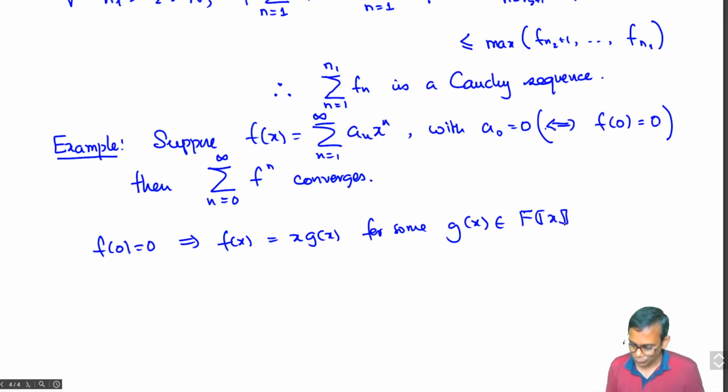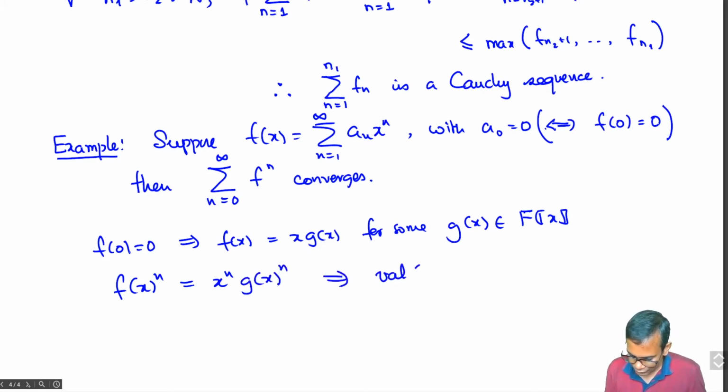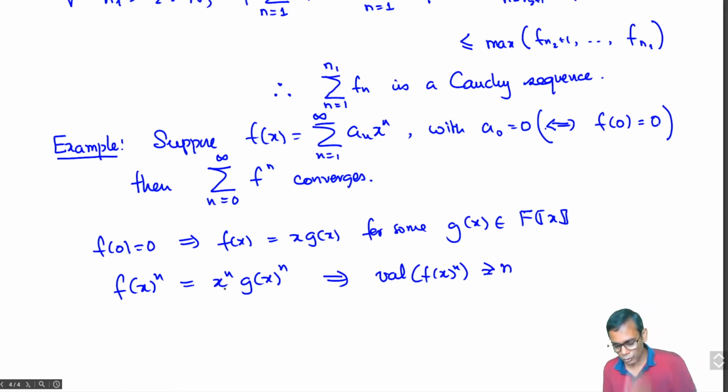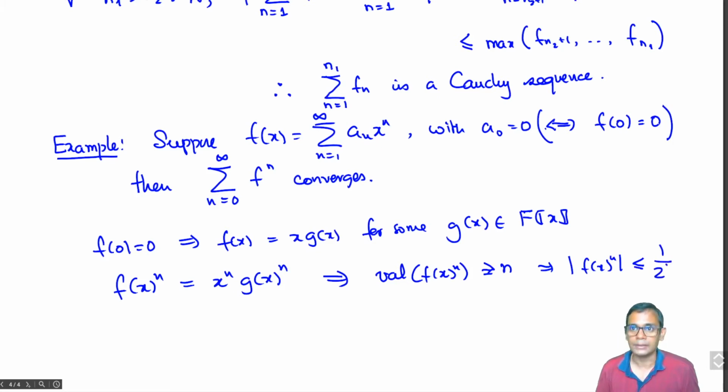But then that means that f(x)^n is equal to x^n times g(x)^n, which implies that the valuation of f(x)^n is greater than or equal to n, because all the non-zero terms will have power of x at least x^n, which implies that the norm of f(x)^n is less than or equal to 1 over 2^n.